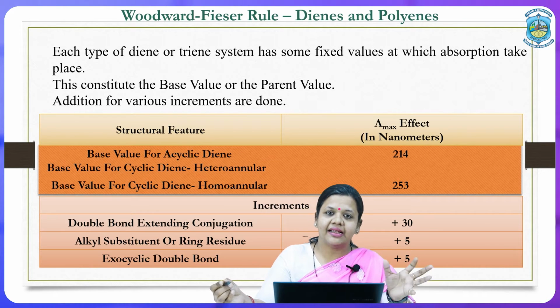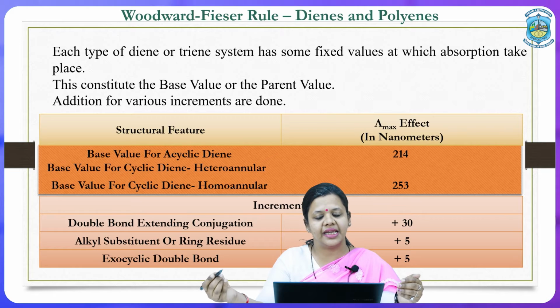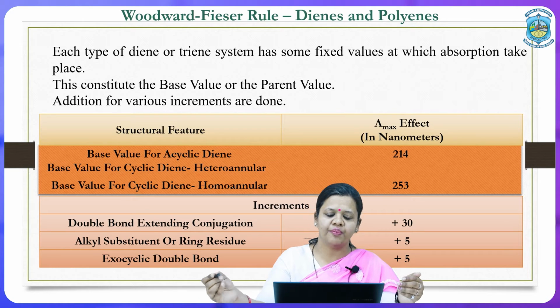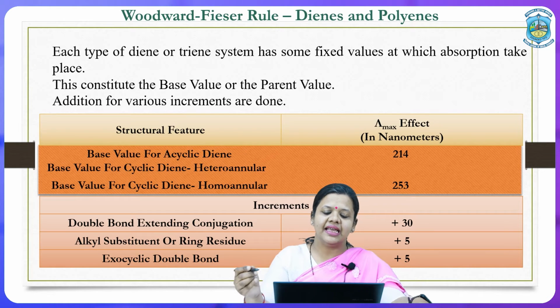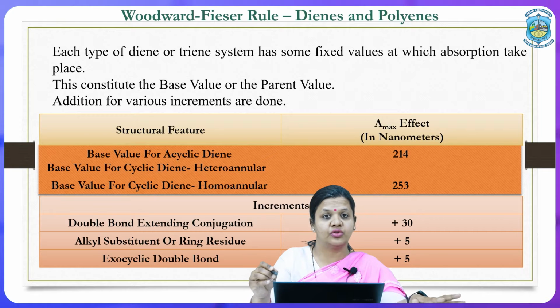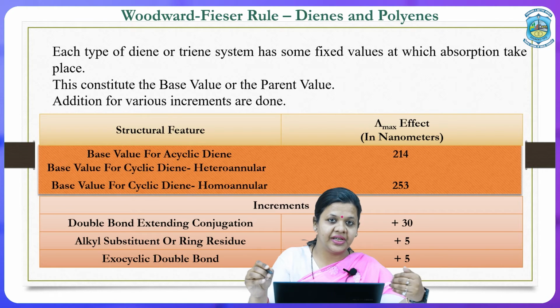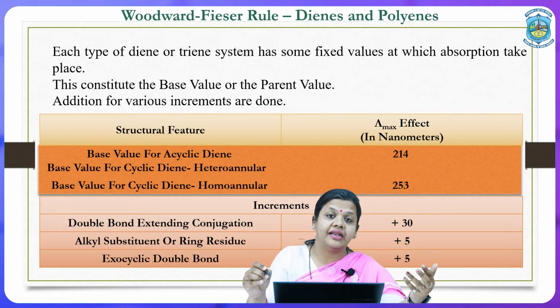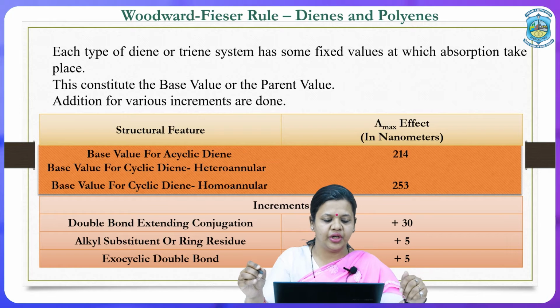Taking that as the base molecule for any of these structures, we can calculate for n number of such structures. Therefore, dienes and higher molecules, or polyenes, have certain fixed values of absorption where we can see and identify the presence of these molecules.